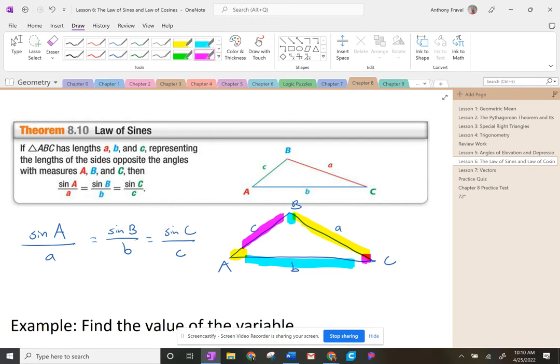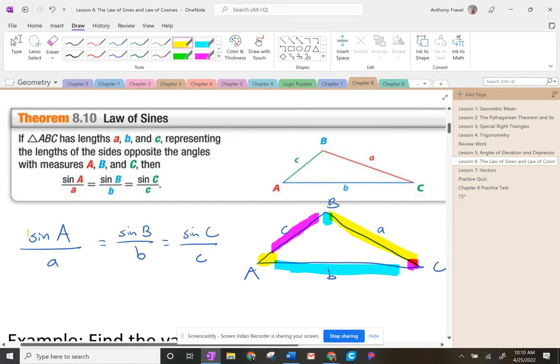So that way when I'm looking at my ratios, sine of A will be over this entire length of side A. Sine of B will be over the entire length of side B. And then sine of C will be over the entire length of side C. The ratios will always be the exact same.